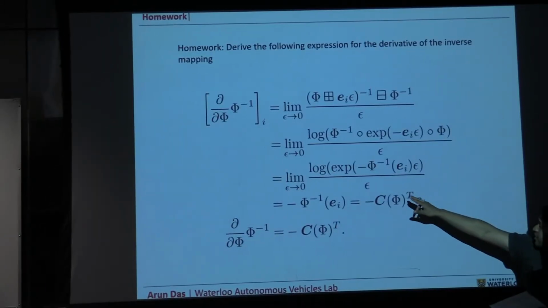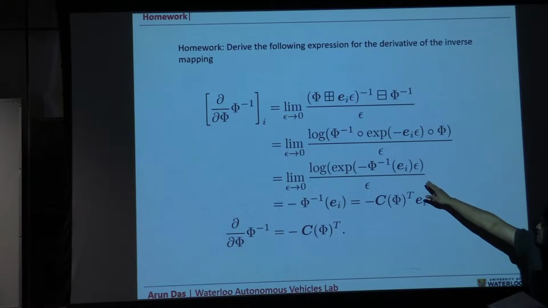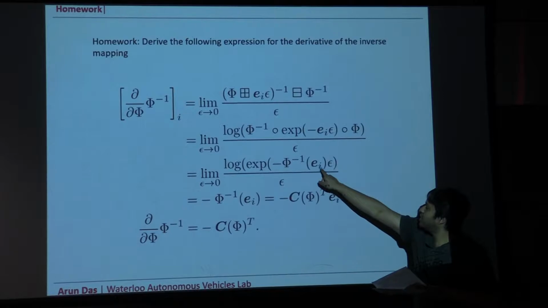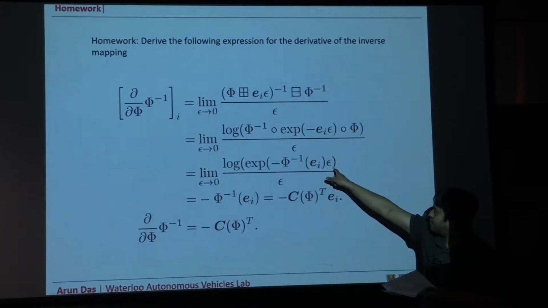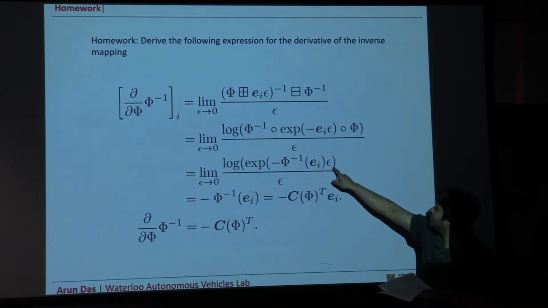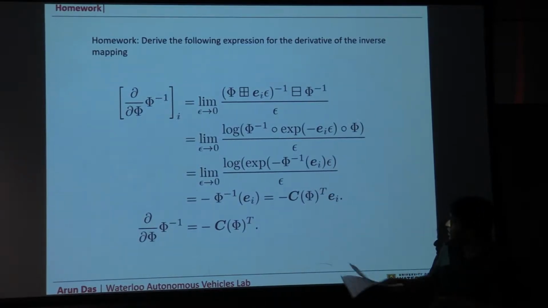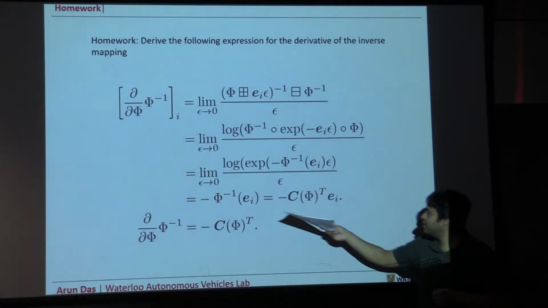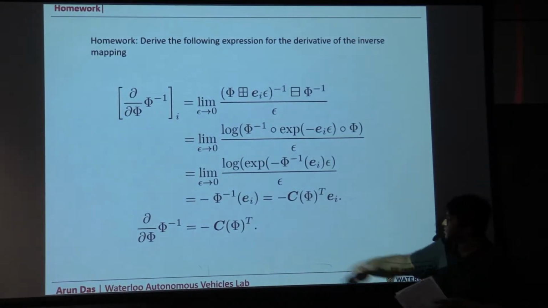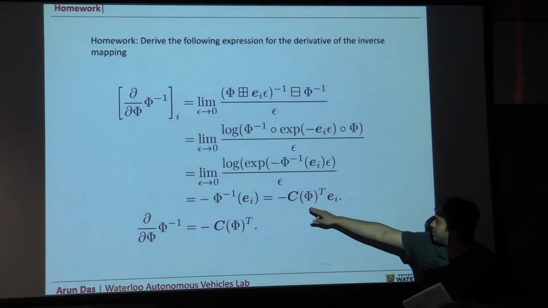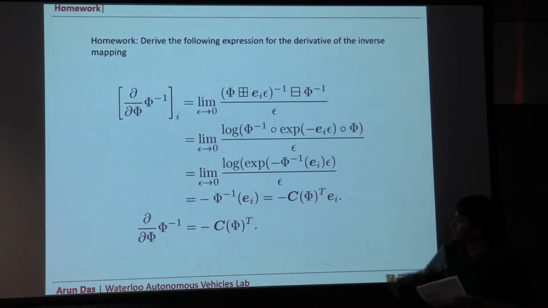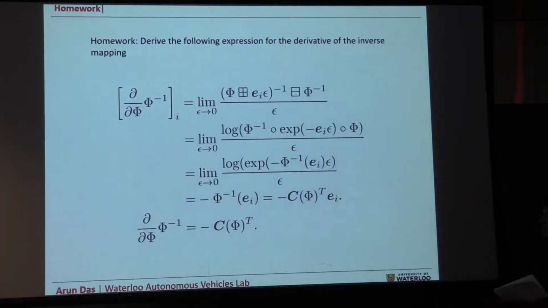And then the log and the exp cancel out, and because we're doing the rotation of this quantity, the mapping is linear, so you can pull out the minus, and you can pull out the epsilon, and they'll cancel out. And then you end up with what Nav had previously, which is minus phi inverse times EI, which you can write out as minus the rotation matrix transpose times EI. So for each basis vector, you just end up with this expression back here, which is just the minus of the rotation matrix.